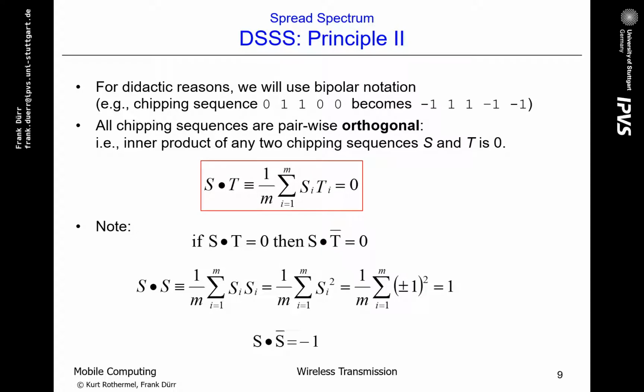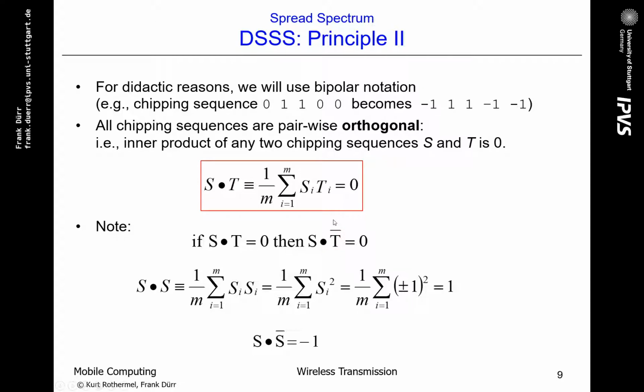Now, why is that important? Remember from the previous slides that I told you that if a sender wants to send a 0 bit, it will send the inverse of the chipping sequence. So it's very important that senders do not only send their chipping sequence, but also the inverse of their chipping sequence.